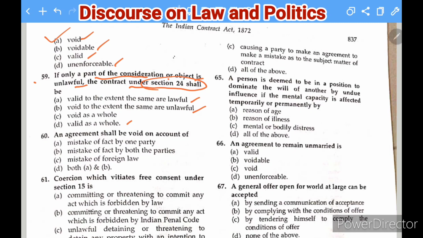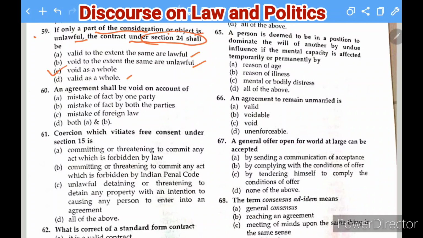Only a part of the consideration or the object is unlawful, so what would be the effect on the contract under section 24? Looking for your answers. In that case, the entire contract is going to be void.